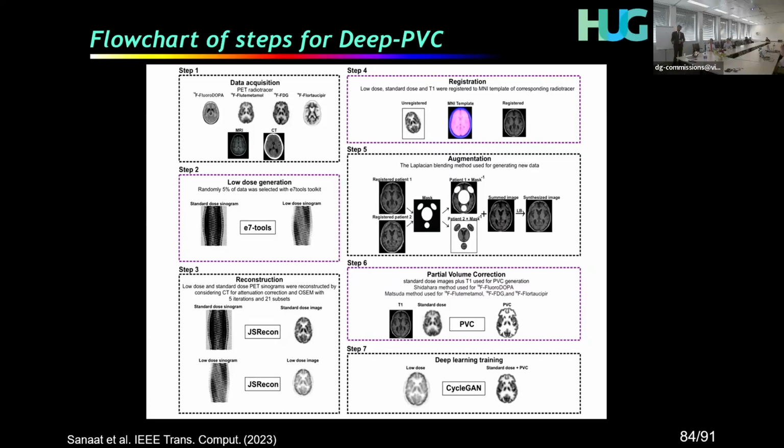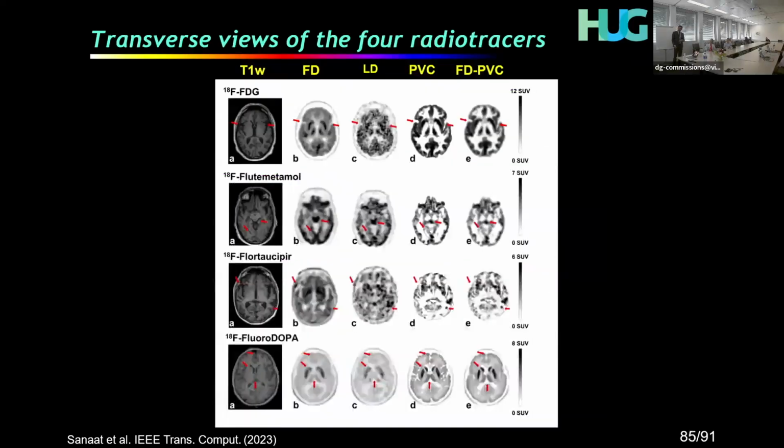And we also did a conventional partial volume correction for generating the pseudo partial volume corrected images, because of course they are not the real partial volume corrected. And then we train a CycleGAN model to go from the low-dose non-partial volume corrected image to full-dose partial volume corrected image.